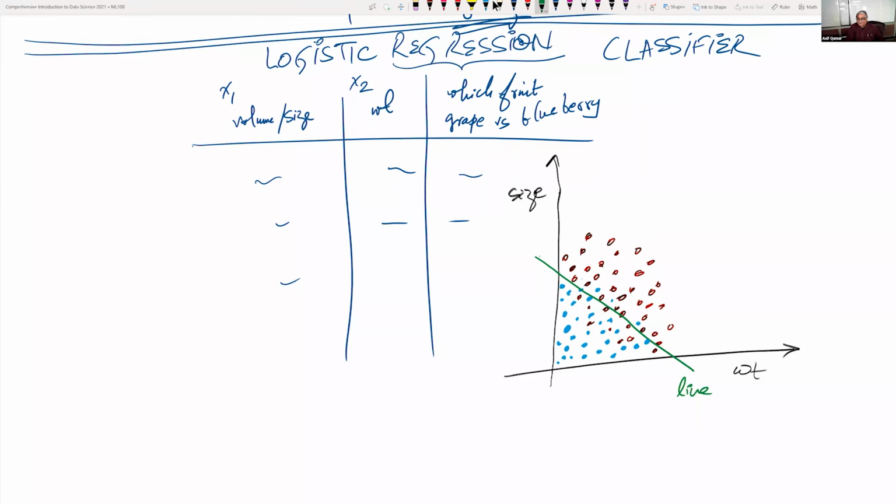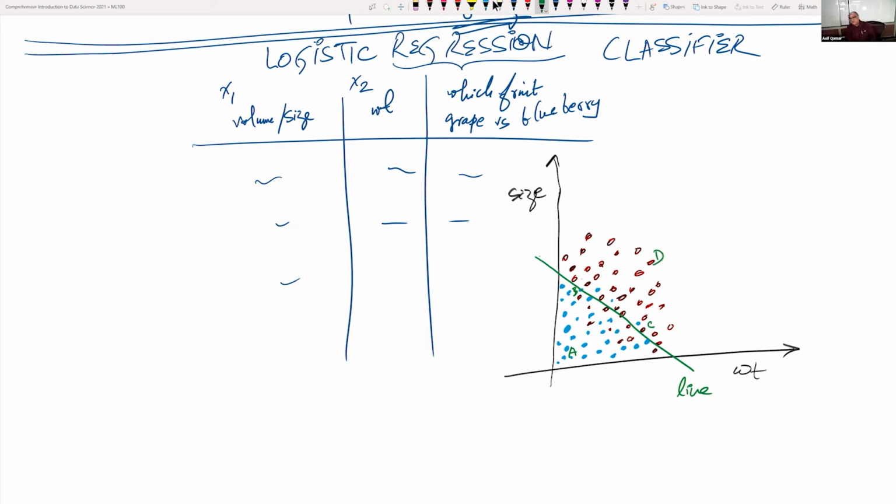I will call them A, let's say something like B, and something like C, and something like D.